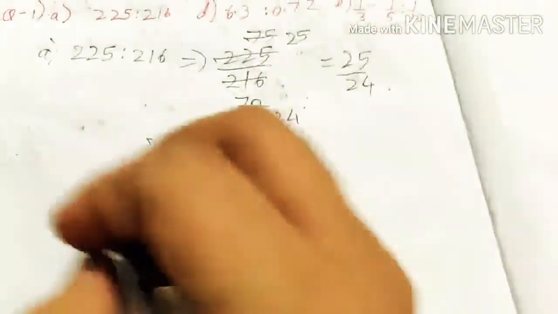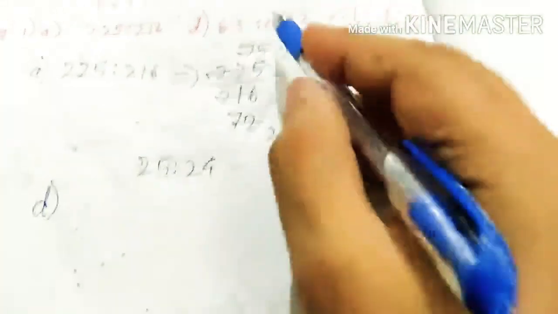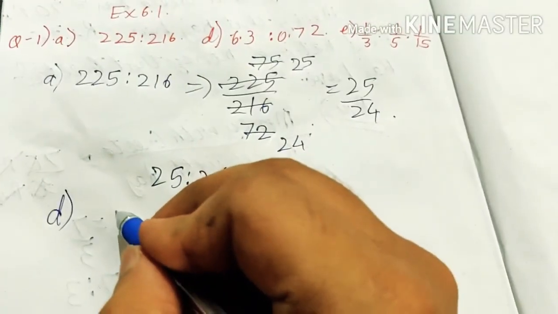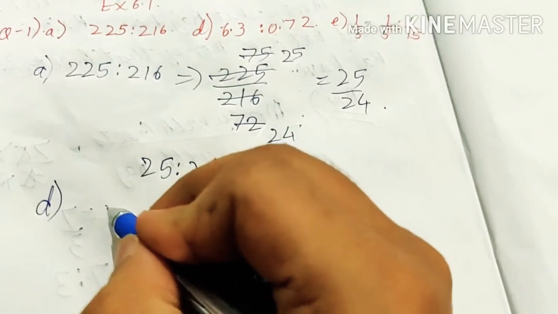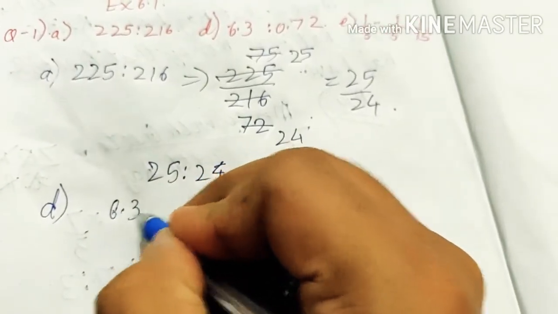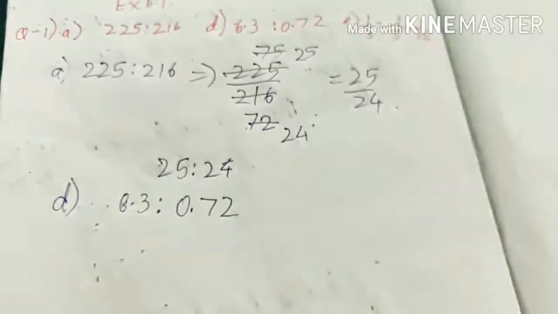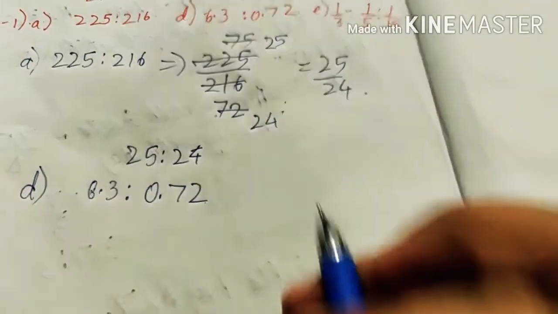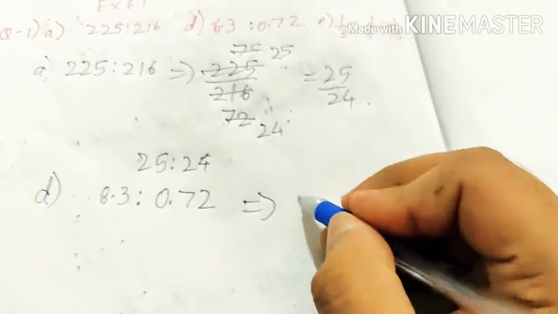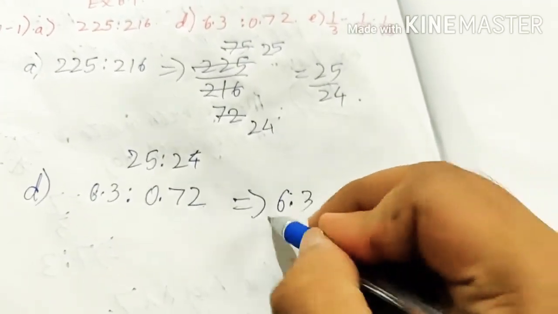Okay, our second part says 6.3 is to 0.72. So we have to reduce this into simplest form. Again what we will do, we will write it in the fraction form.